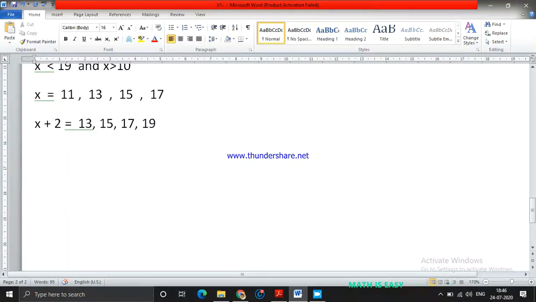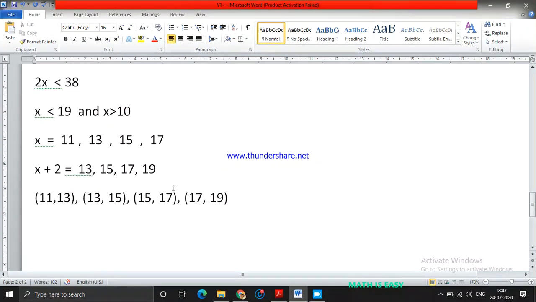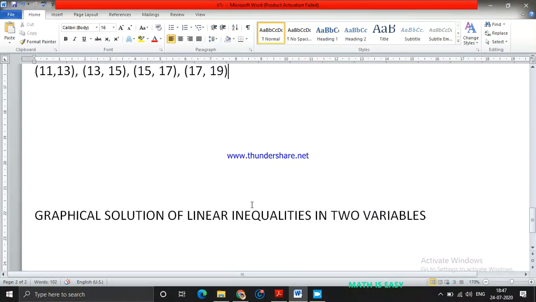You can write 11, 13, then 13, 15, then 15, 17, then 17, 19. These are the odd natural numbers whose sum is less than 40 and each number is greater than 10. So this is the answer to the given question.